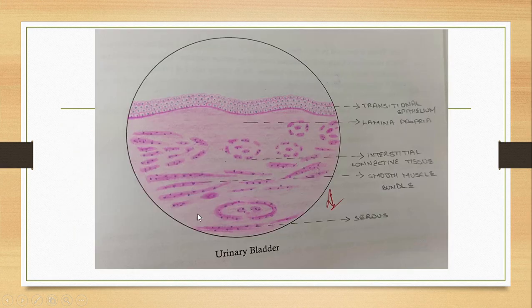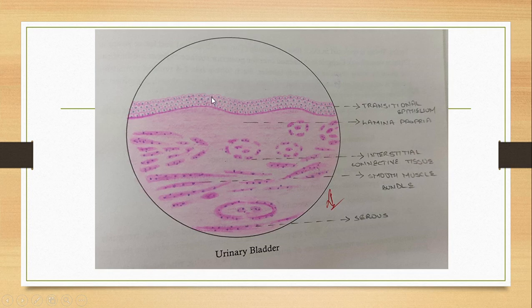So this is the layer. This is the diagram of how we can draw it. Towards the lumen or the cavity, the innermost layer is the mucosa. The mucosa is lined with transitional epithelium or the urothelium.